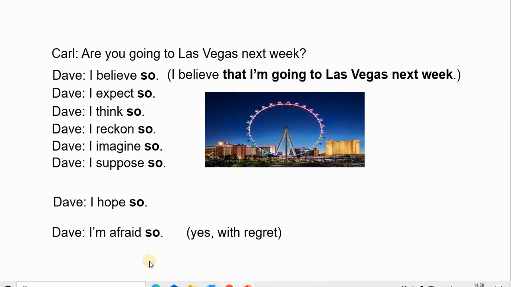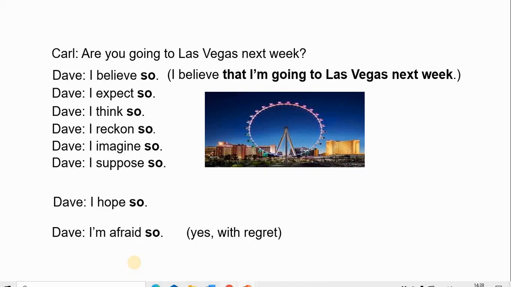Afraid so. So I put this slightly farther down the page. I'm afraid so. This means yes with regret. Afraid here does not mean fear. Dave is not scared of going to Las Vegas, but I'm afraid so.